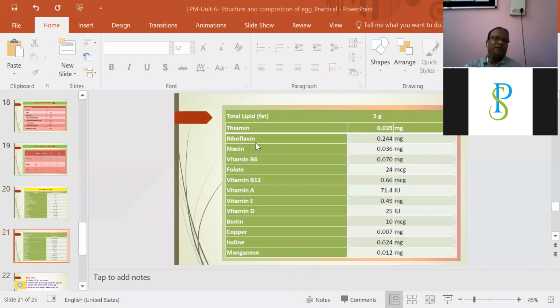Total lipid 5 grams. You see how much riboflavin, vitamin B1, B2, niacin, vitamin B6, folates, iron, folic acid, vitamin B12, vitamins A, E, D, biotin, copper, iodine, and magnesium. You see the values.